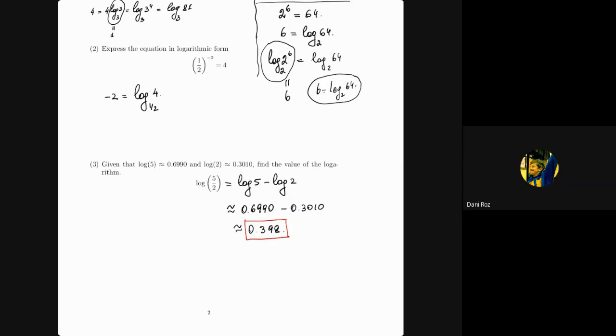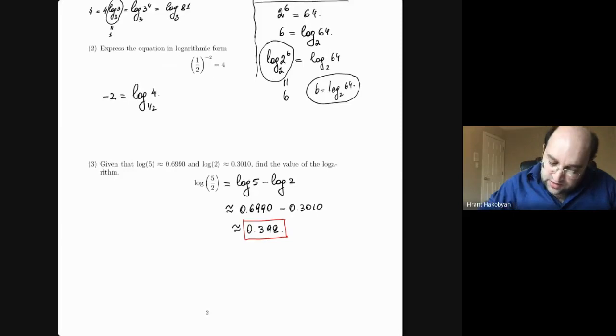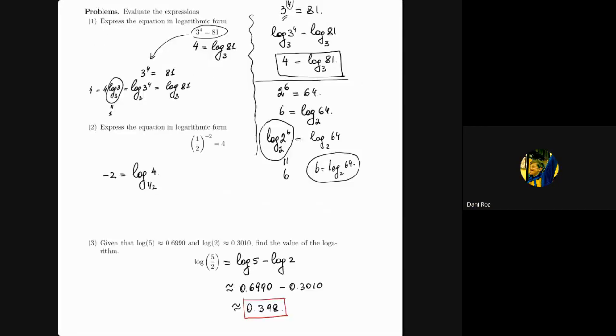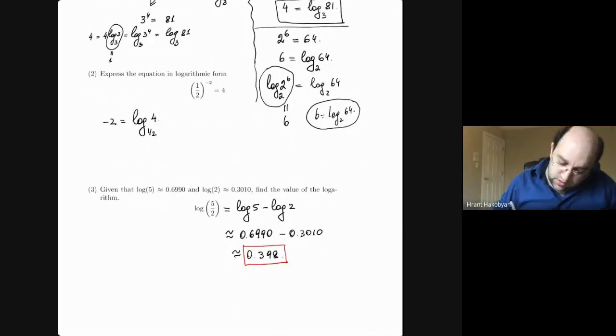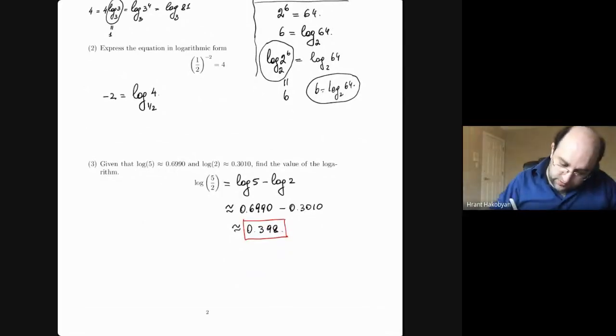In the other two questions, why do you put the base on the right side also? On the right hand side in here. Yeah, that's a good question. Like, why is the 3 by the 81? Let me take something which doesn't have numbers.